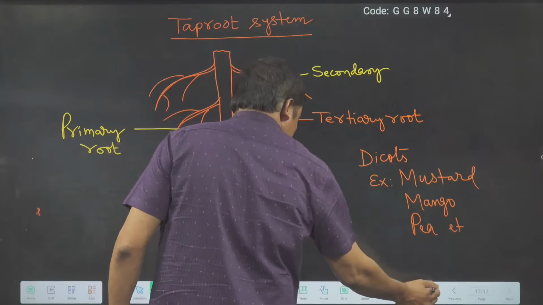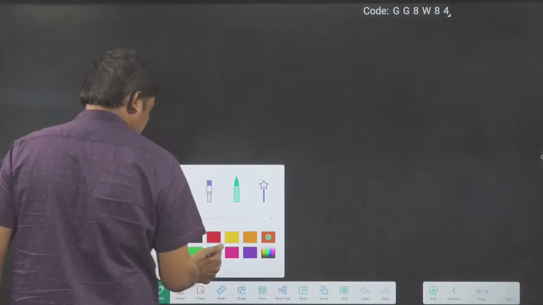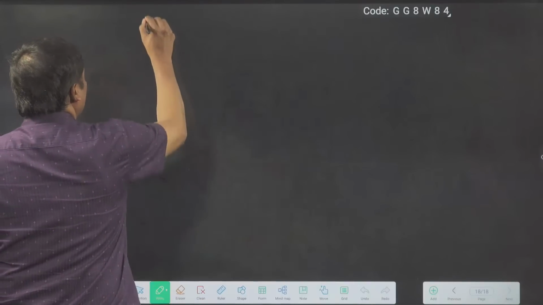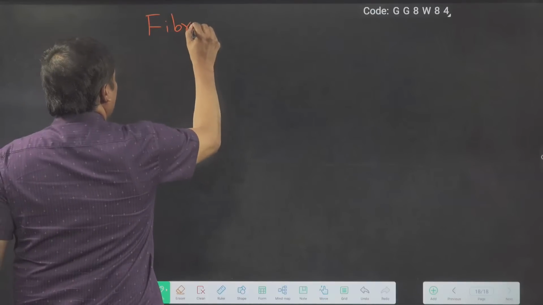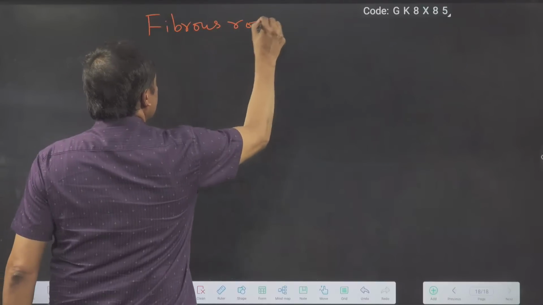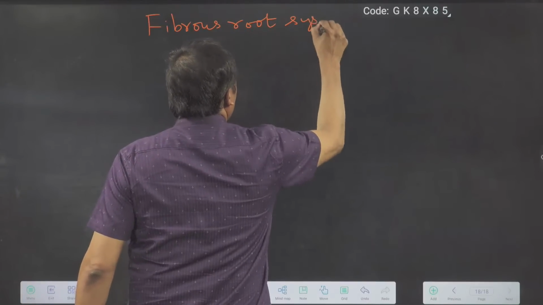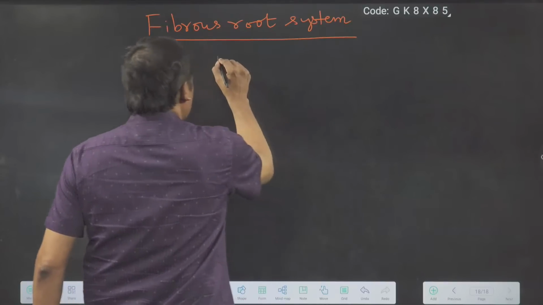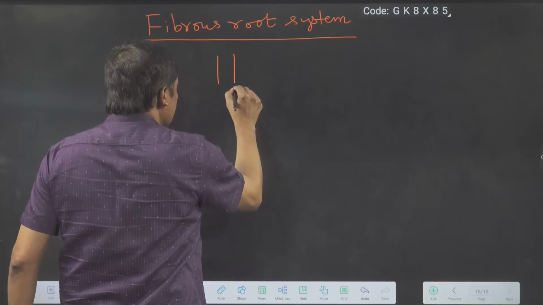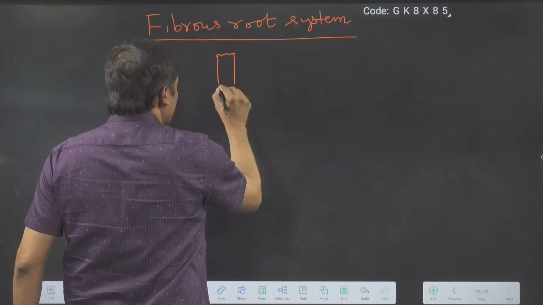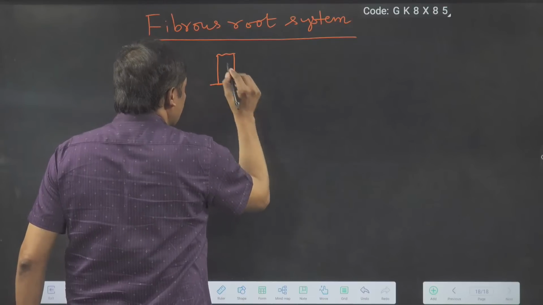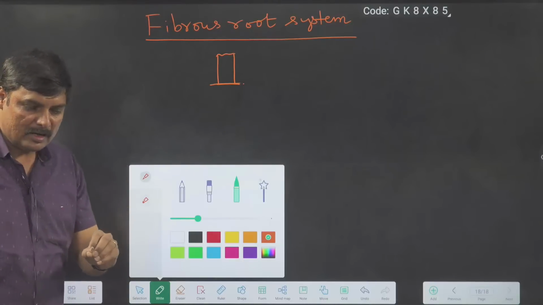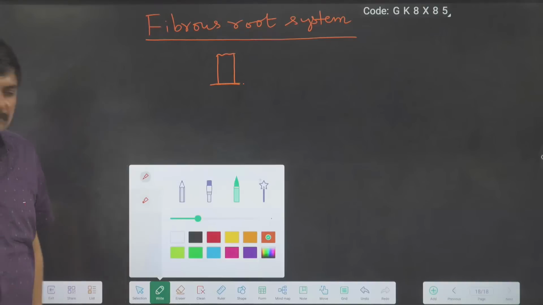This fibrous root system, see here. In this root system, the primary root is short-lived. The primary root is formed and immediately disintegrated.